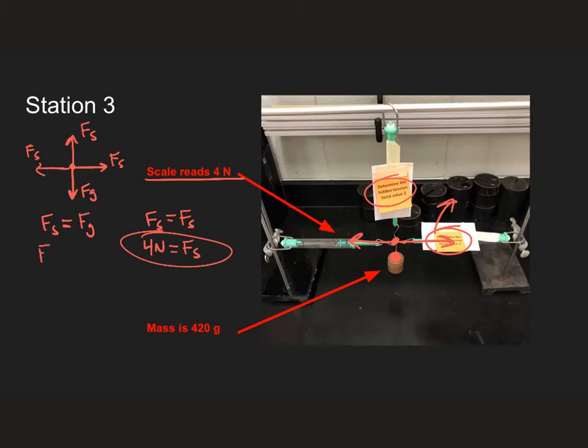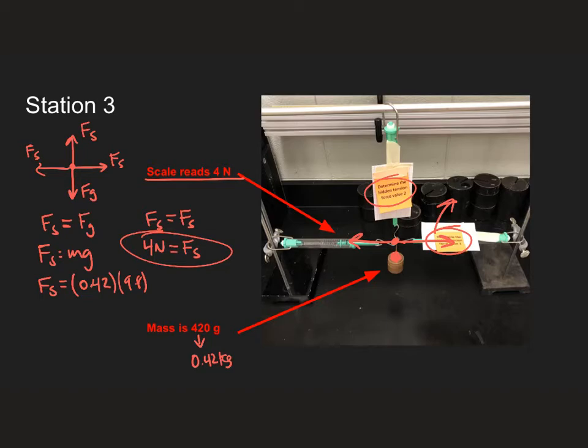Well, again, I wrote force of gravity, so immediately change that to mass times gravity, because that's how we calculate that force. So that spring force, when I open that card or lift it up, should be whatever the mass is times 9.8. But the mass has to be in kilograms. 420 grams is 0.42 kilograms. So I'll put that in for mass.